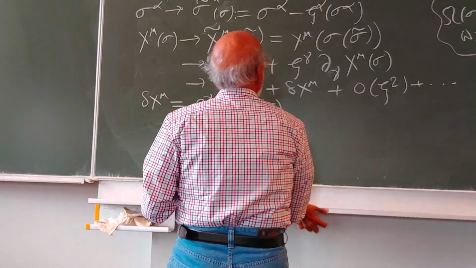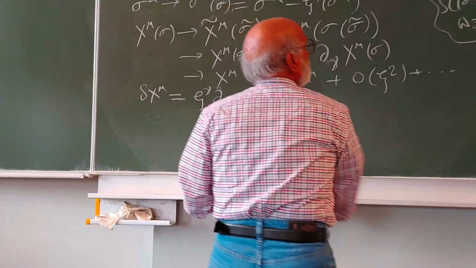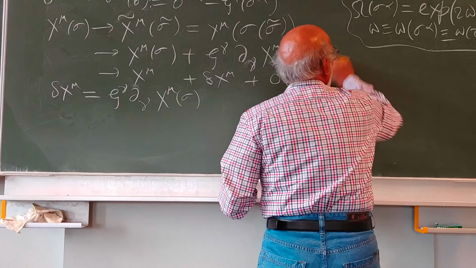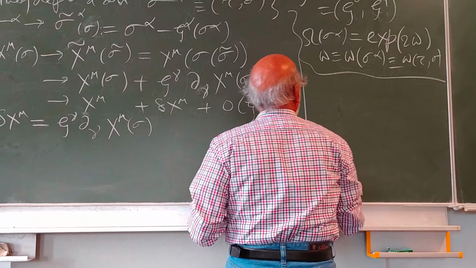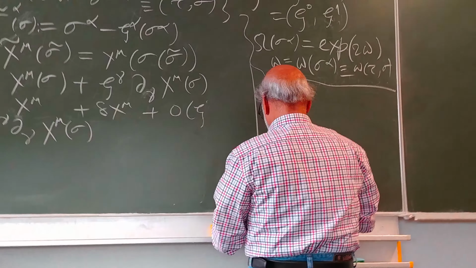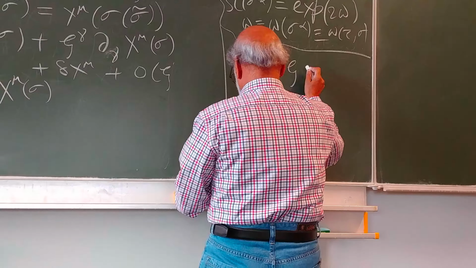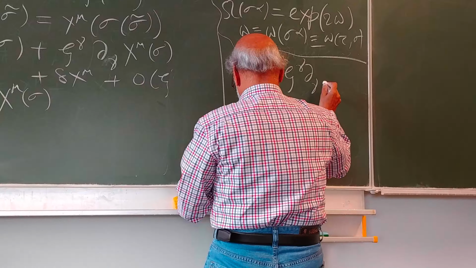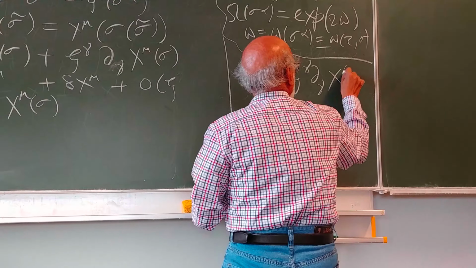Okay. Now, what happens to h alpha beta? Maybe we could retain the result here: delta x mu is zeta gamma del gamma x mu.